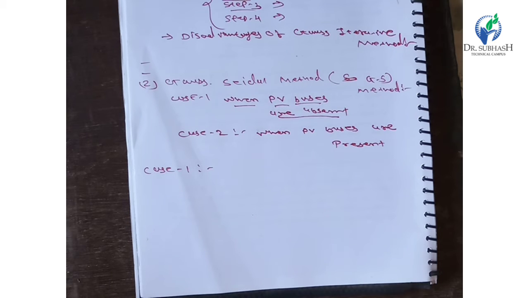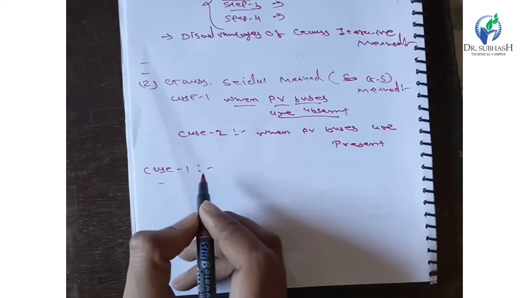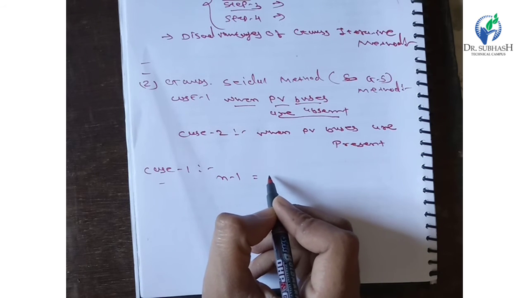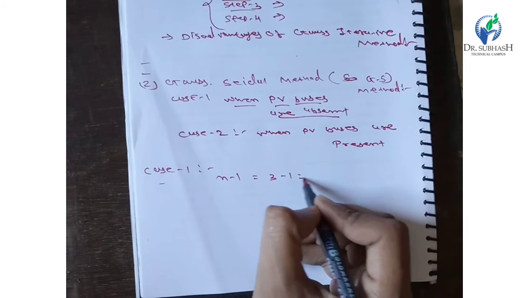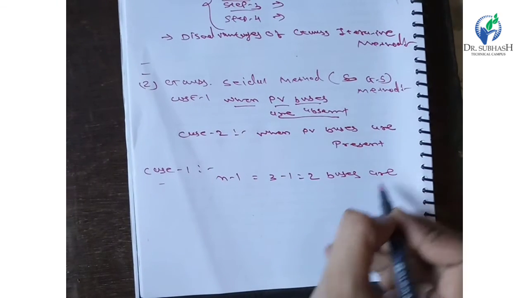Let us consider a total of 3 buses in a power system. The slack bus is numbered 1 and the remaining n minus 1 buses are the others. So the total is 3 buses, where 1 bus is a slack bus and the 2 buses are PQ buses.